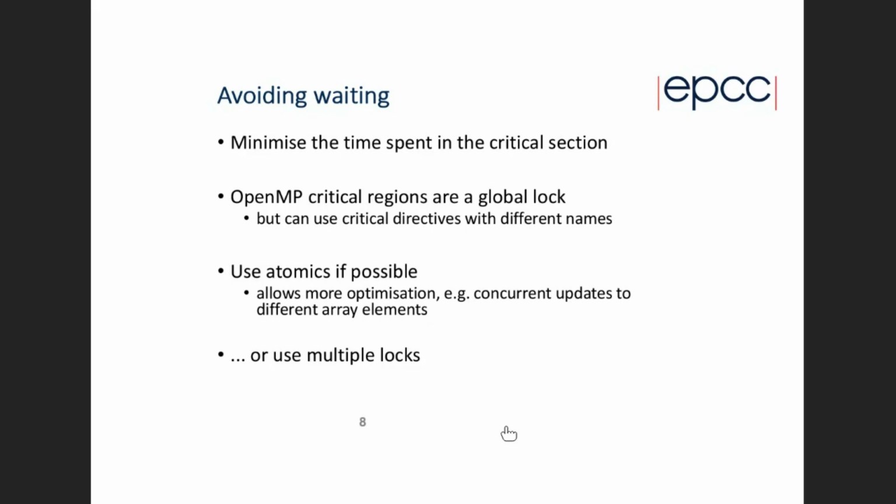You can declare your own locks in OpenMP, and that gives you all the flexibility that you could possibly want to associate different locks with different parts of your data structures, so that you're only locking where you need to, and you're not mutually excluding threads from updating different parts of shared memory.